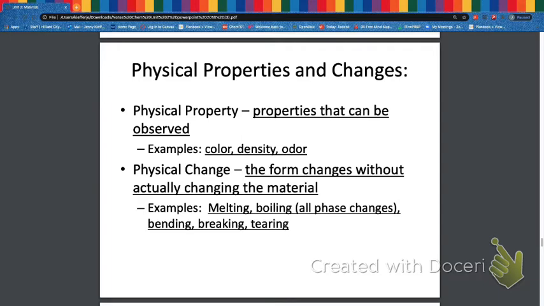So remember when I did the demonstrations for you last week, we said that when we heat matter, the particles move faster and they get farther apart. That causes a physical change. The molecules stay the same. They don't change.